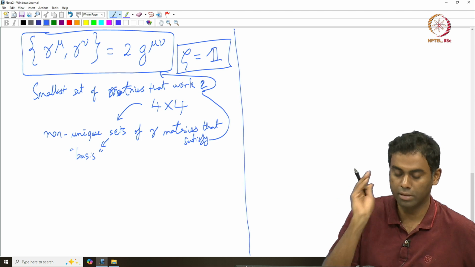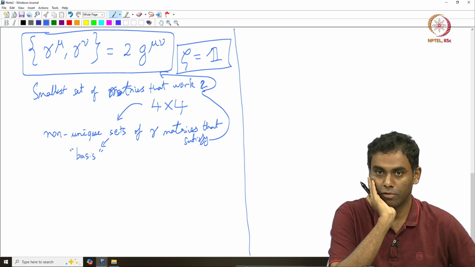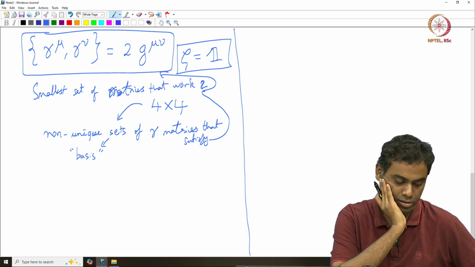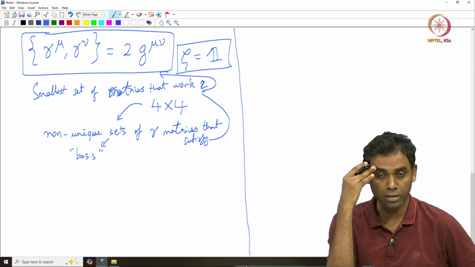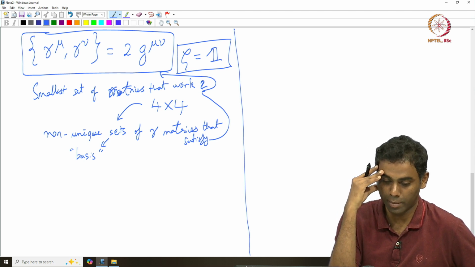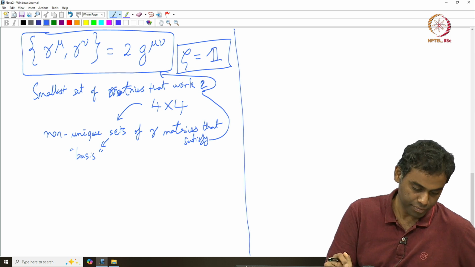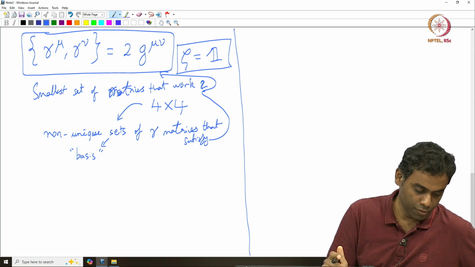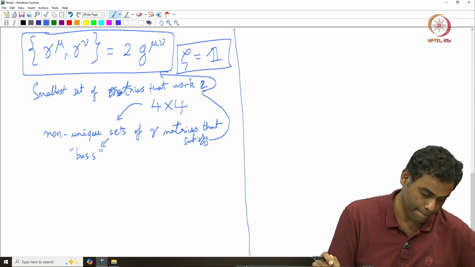When I say set, I mean there are many bases in which you can work to satisfy these conditions. So there are, I think, 3 or 4 kinds of bases. You can go look this up in any number of textbooks or in Wikipedia for the gamma matrices. But we will use what is called the Weyl basis.